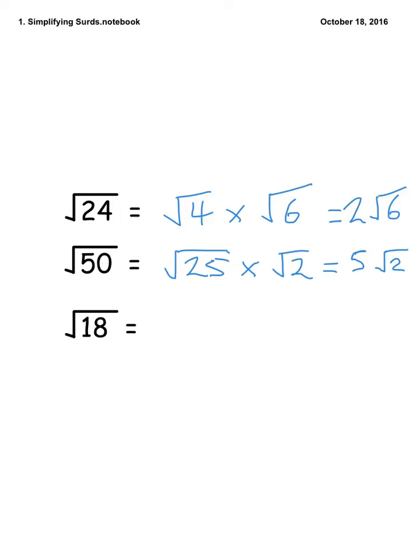A square number that divides into 18 is 9. We need to multiply 9 by 2 in order to get 18. The square root of 9 is 3, and we don't know the square root of 2, so that goes at the end of our answer. That's 3 very quick examples of how to simplify a surd.